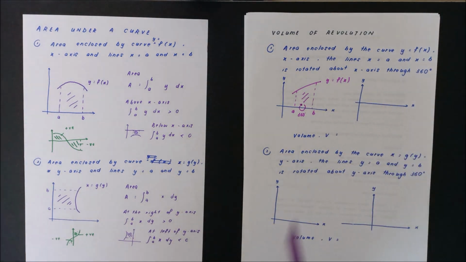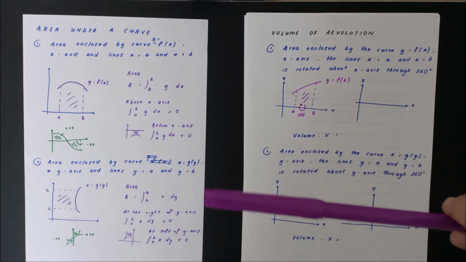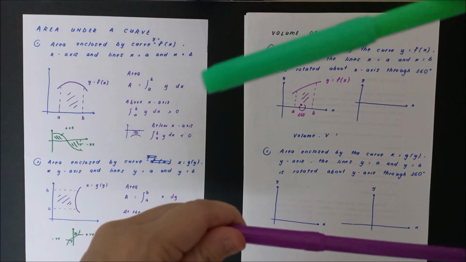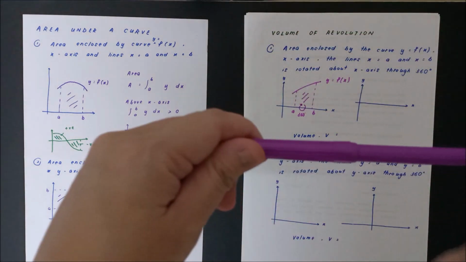Can you try to imagine if you have this area and it's rotating? If this is the line, and this is your area, it's going to be rotated something like this.